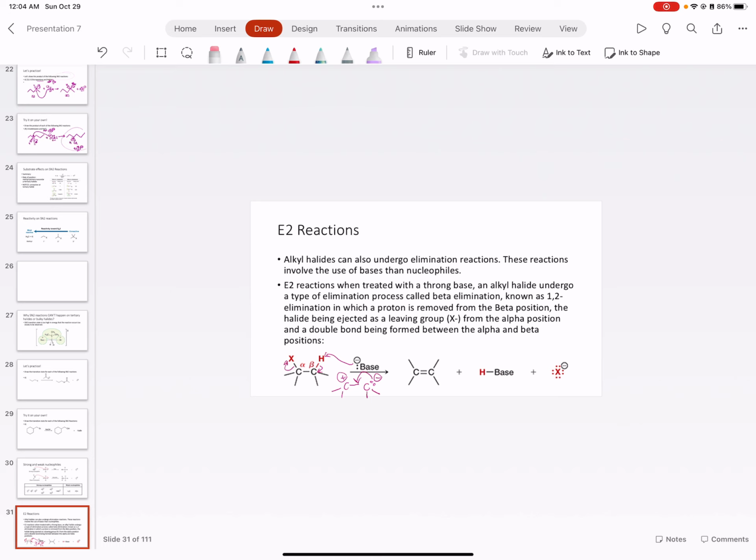I know that Alexi is doing SN1 and E1 first, but when I did my slides, the book has SN2, E2, and then SN1 and E1. Of course, I'm going to make a video on SN1 and E1, but I do have E2 reactions programmed to be my next reaction that I'm going to look into.